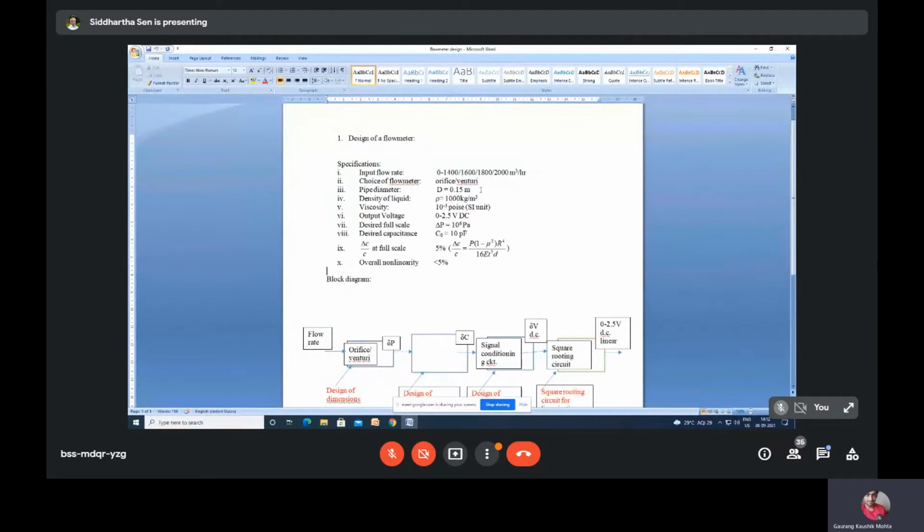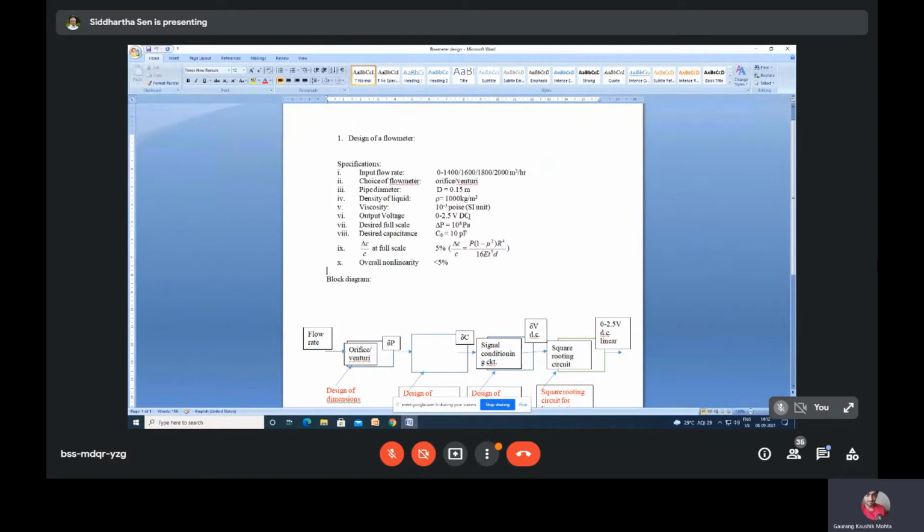V is the velocity you can find out from the full scale range. And if the Reynolds number is more than 10,000, you are satisfied that our assumptions or the design is correct.